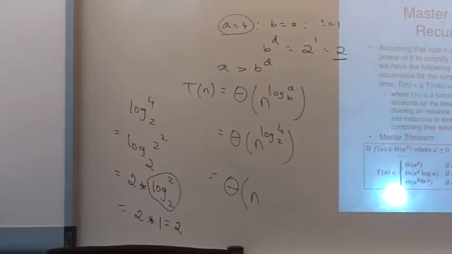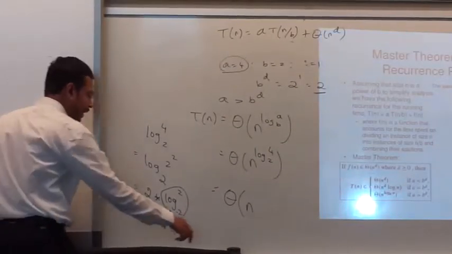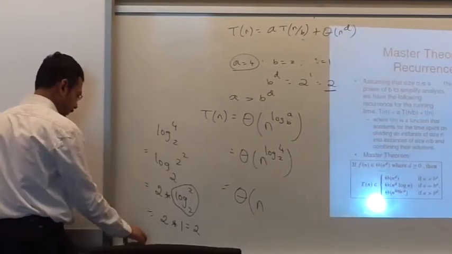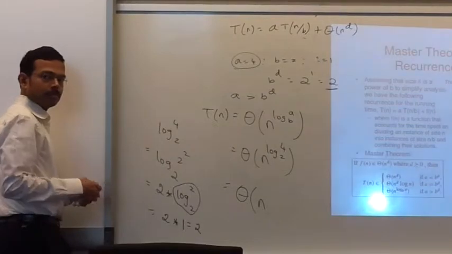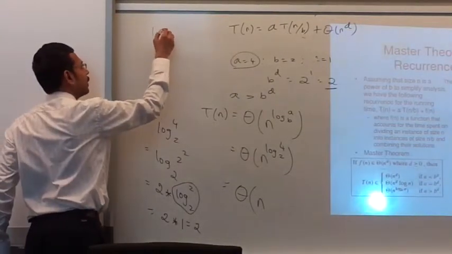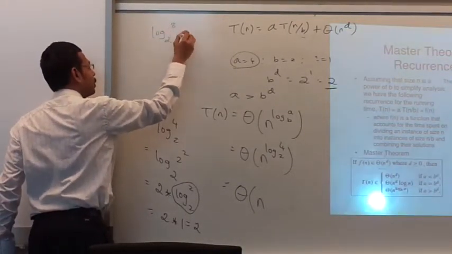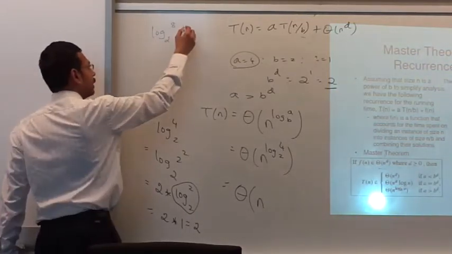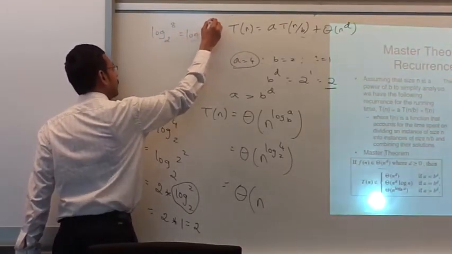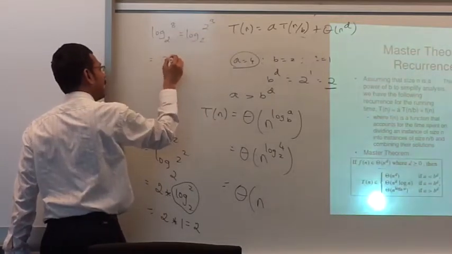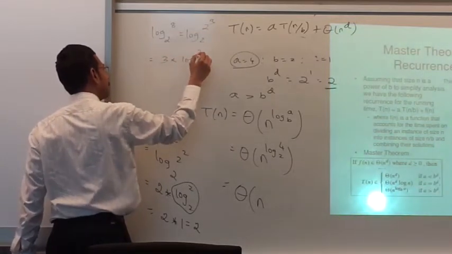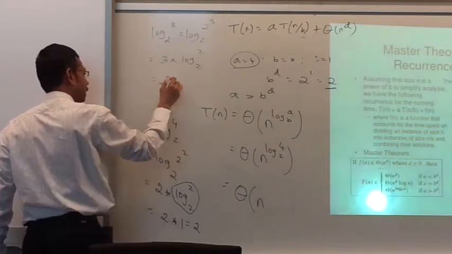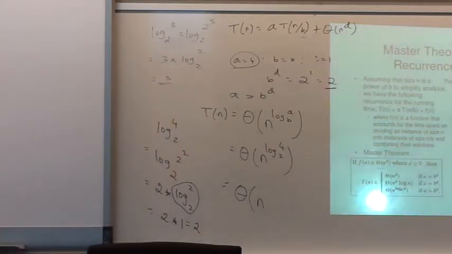If I have log 8 to the base 2, what is that? Log 8 to the base 2 is 3. Why? That is 2 cubed, so it is 3 times log 2 to the base 2, which is 3. Okay, so you should be clear on that.